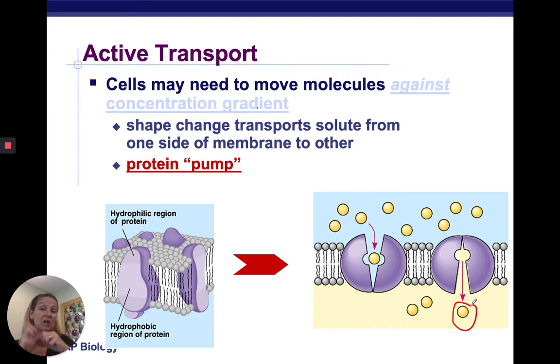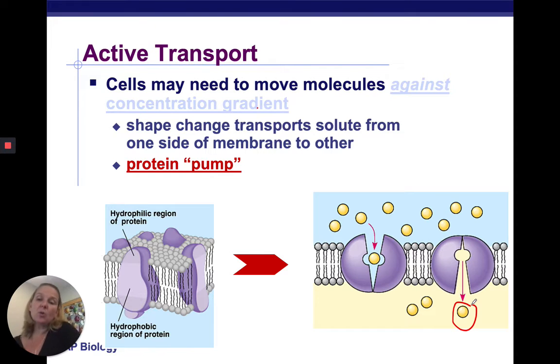In order to change shape, you need to use ATP. And we'll discuss this a lot this whole year: when you transfer a phosphate group from ATP onto a protein, it causes the protein to change shape. And that change in shape allows the protein to do whatever it's going to do. So it's going to move this molecule, for instance.